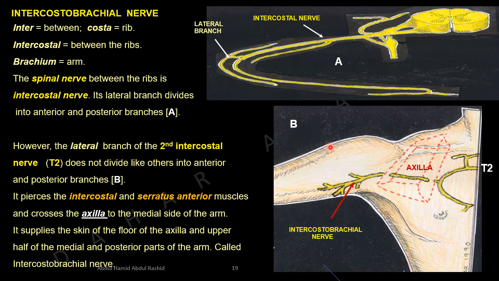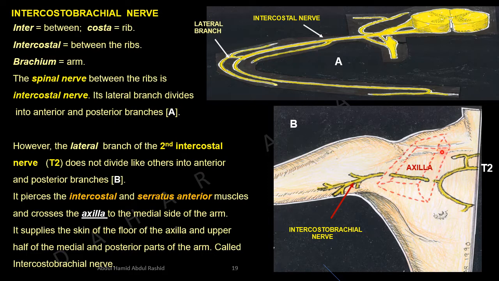See diagram B. However, the lateral branch of the second intercostal nerve, T2, doesn't follow the rules. It gives a lateral branch, but it doesn't divide into anterior or posterior branches like other intercostal nerves. This is the axilla.